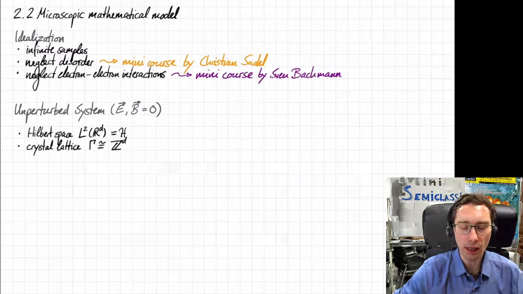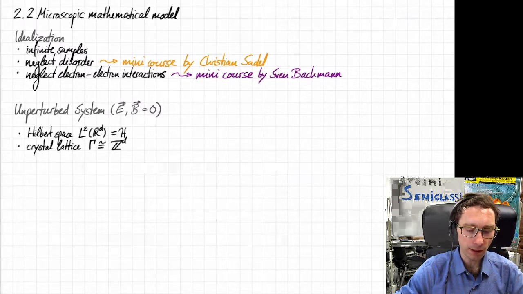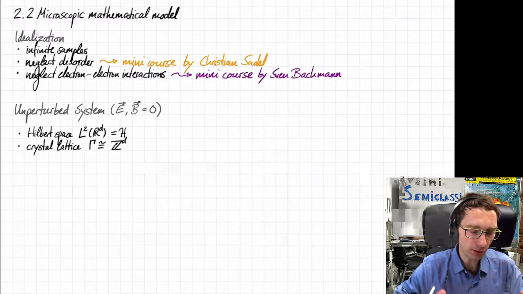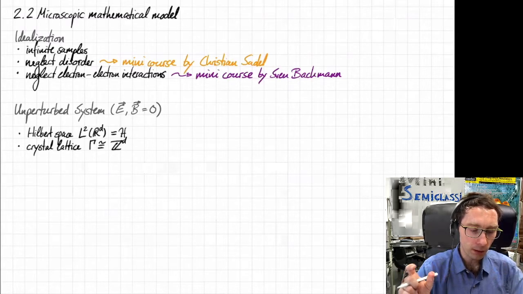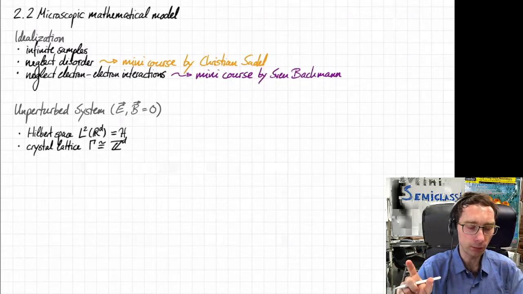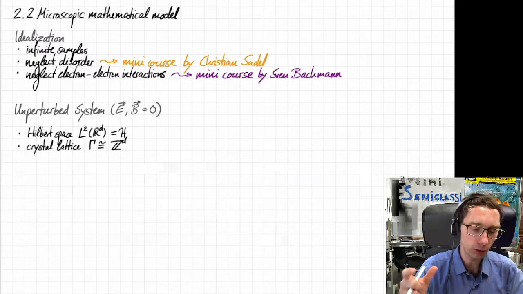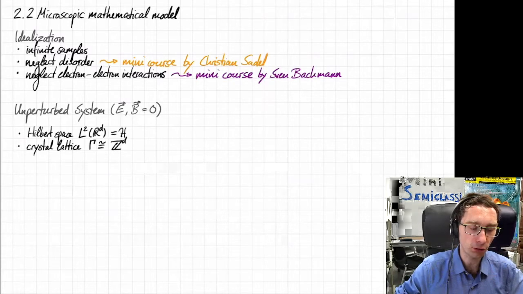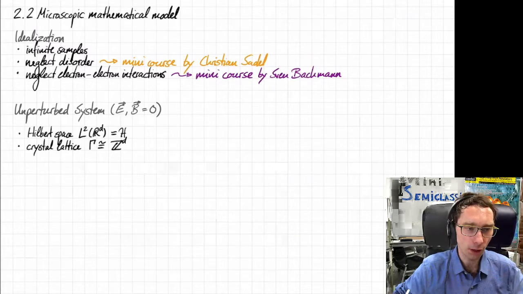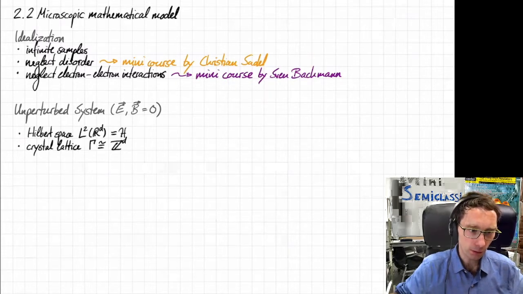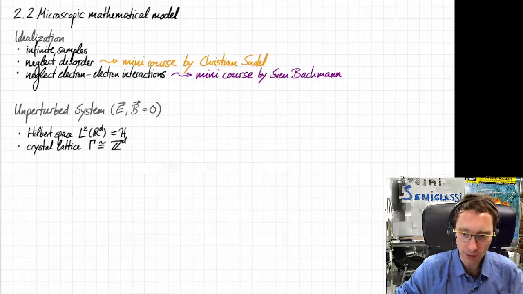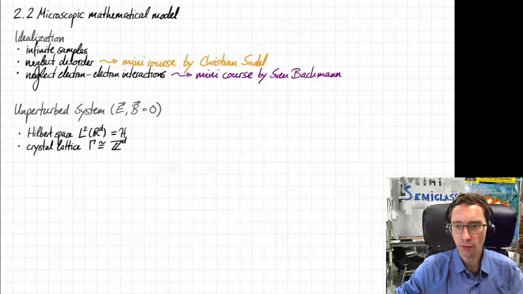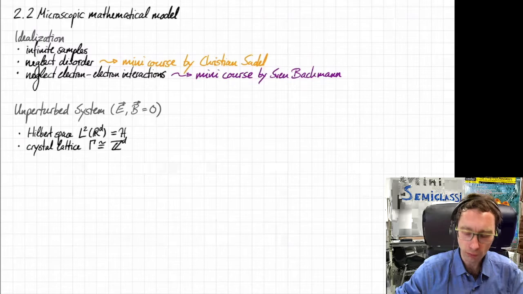It does not have to be Z^d in the sense that the basis vectors of the lattice don't have to be just the canonical basis vectors of R^d. They can be different. They need not be orthogonal to one another, but still, mathematically speaking, I have a lattice. So Gamma is a group, and in terms of a group, it is isomorphic to Z^d.